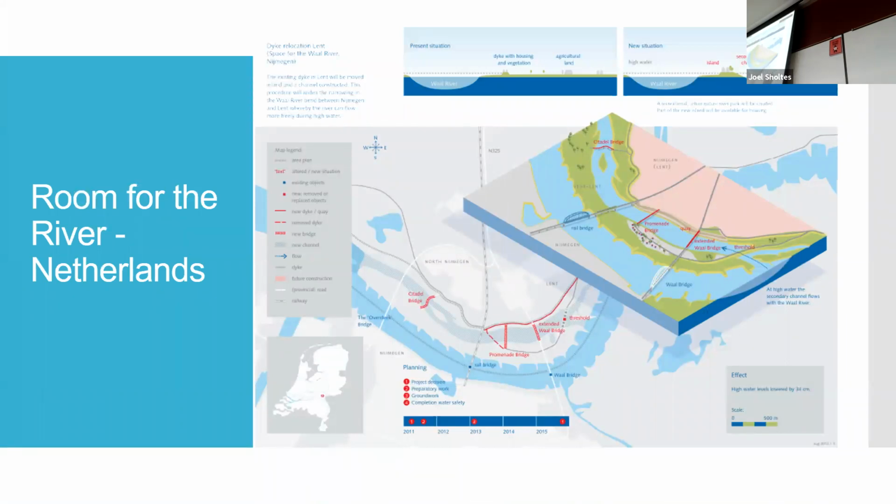This is what they're doing in the Netherlands. The Netherlands is obviously a coastal community. A lot of it's below sea level or near sea level, and they're looking at taking out dikes. They call it the Room for the River project. They had a lot of dikes and levees. This is the current situation. They're moving that back, and they're allowing the river to have more room for flooding.